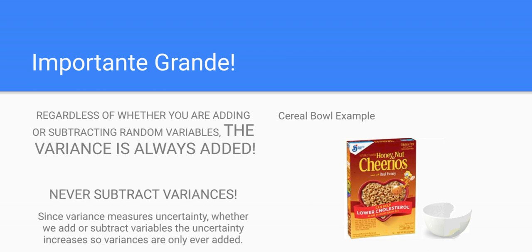We have more uncertainty because of all the uncertainty at all the various levels, right? So because variance is a measure of uncertainty, we're not sure what it is. That's why we always add variances. They always add, right?